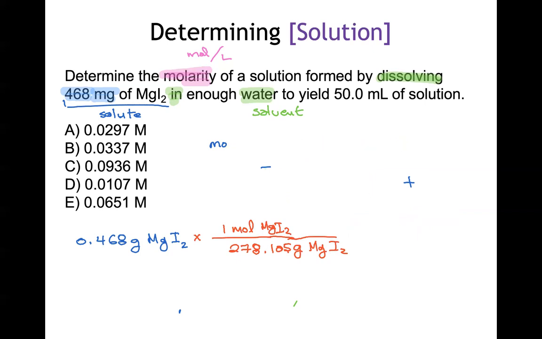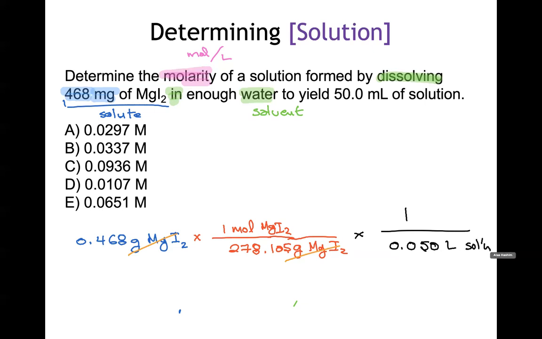Now what we're left with is the number of moles, correct? Grams of magnesium iodide cancel out, and we're left with moles, and our molarity is in moles per liter. So we need to divide by the volume. So times 1 over 50 milliliters, or 0.050 liters of solution.